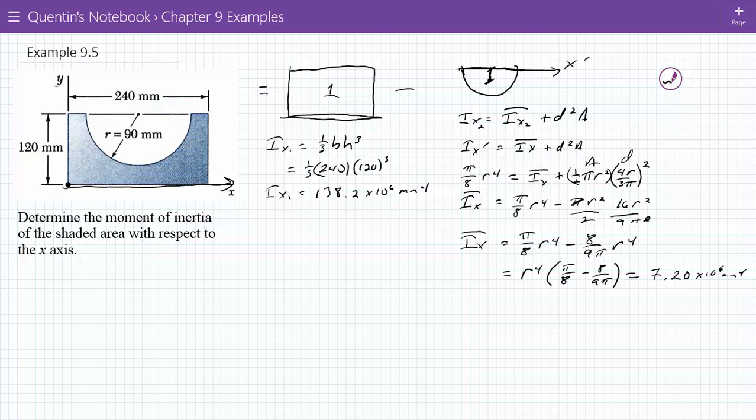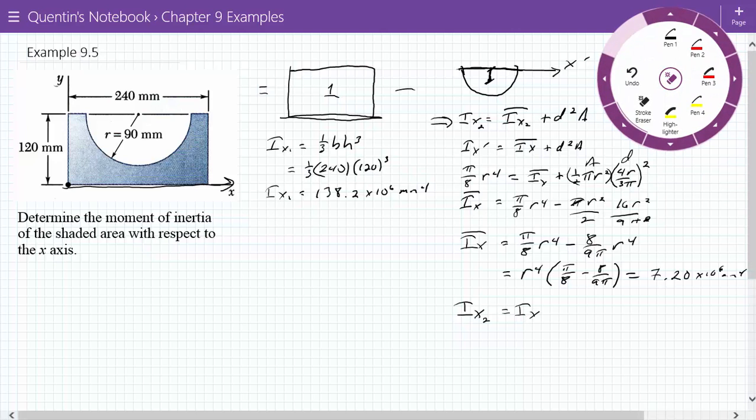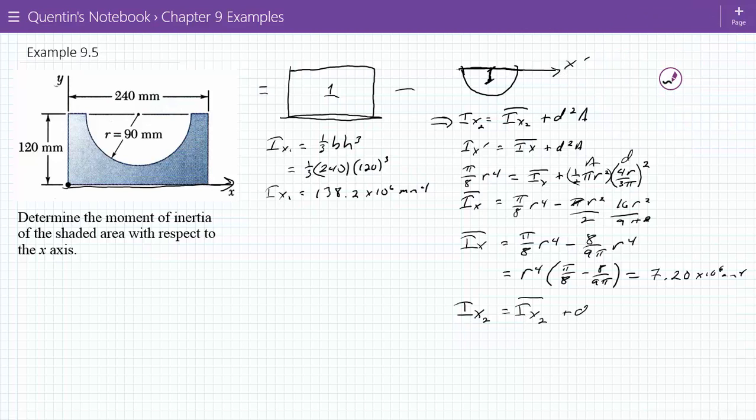Okay, so now we know Ix bar. We don't care about Ix bar, but we have to use it in order to figure out the Ix2. Going back to what we were trying to do right here, sorry, that's not Ix squared, it's Ix2. Ix2 is really Ix2 bar plus d squared a. So that number, we just figured this one out, it's 7.20 times 10 to the 6th plus d squared.